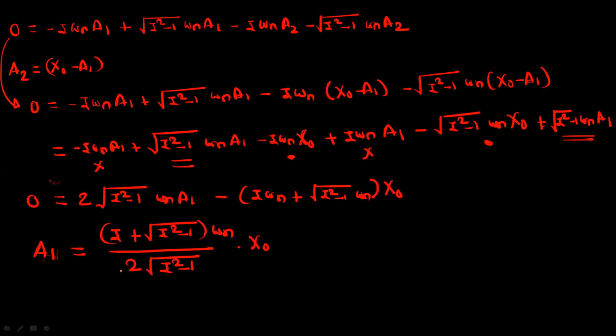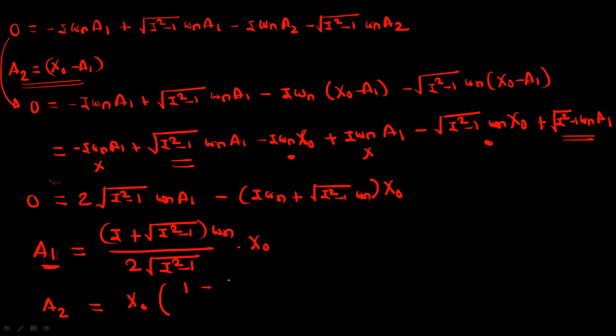Okay, so after simplification, you will get the value of constant a1, which is zeta plus square root zeta square minus 1, into omega n, upon 2 square root zeta square minus 1, into x0. And the constant a2 from this equation is equal to x0 minus a1. So subtract from x0, we will get x0 common in bracket.